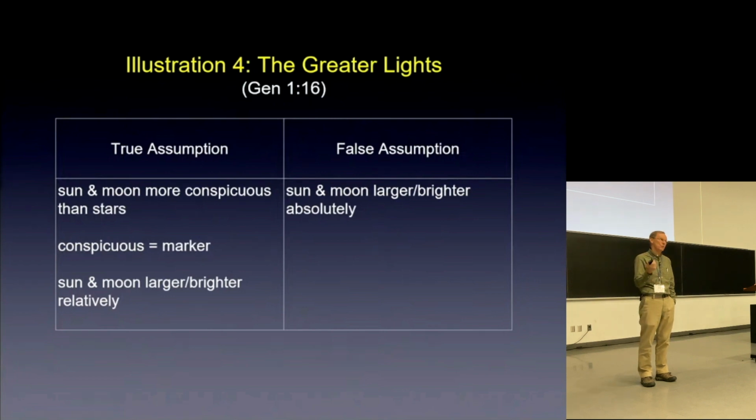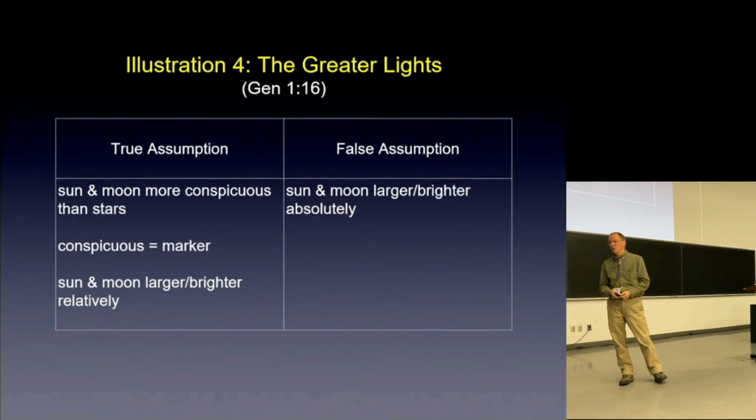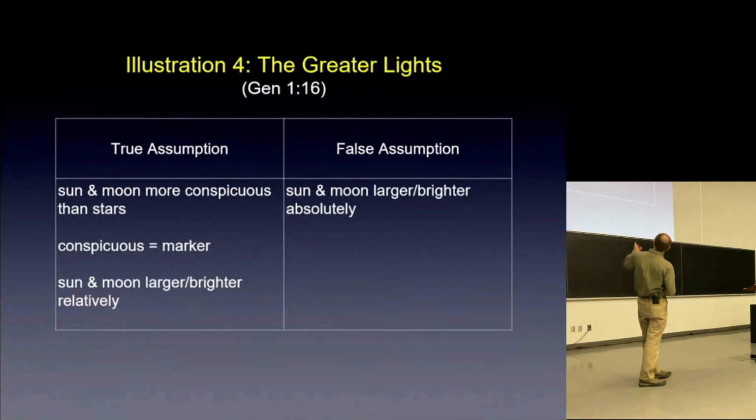But for the ancients, they didn't understand that. They thought that there was an absolute difference in size between these objects. Now, the false assumption of absolute size is not being implicated in Genesis chapter 1, and so it's not a problem for the truthfulness of the text.